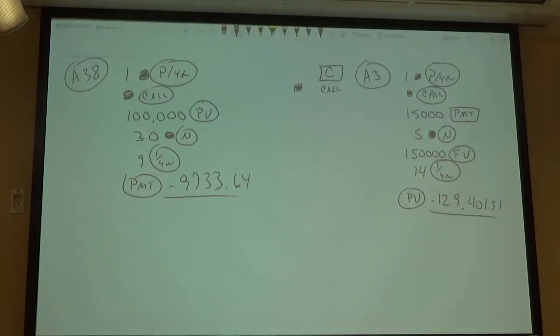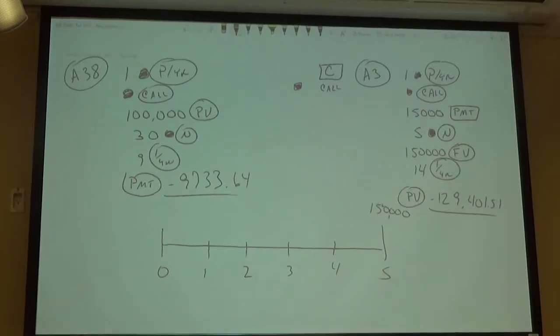5 years. I'm going to do another one of these timelines just to illustrate what's going on. We're going to get 150,000 here at the end of year 5.